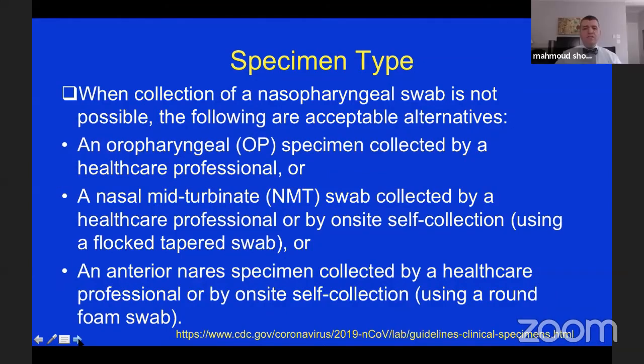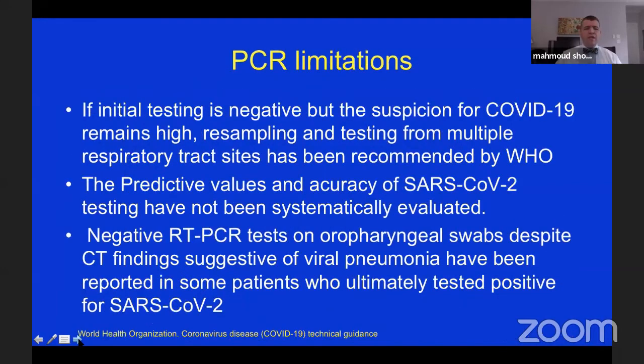If the collection of the nasopharyngeal swab is not possible, then you can have oropharyngeal swabs, or you can do the mid-turbinate nasal swabs. Obviously, some of those other swabs have limitation in the sensitivity, as we had seen from our colleagues, where the sensitivity varies depending on what type of specimen we are sending, and obviously the timing of the swabbing itself, because depending on where you are in the incubation period or the symptomatology, the false positive or false negative percentages change.